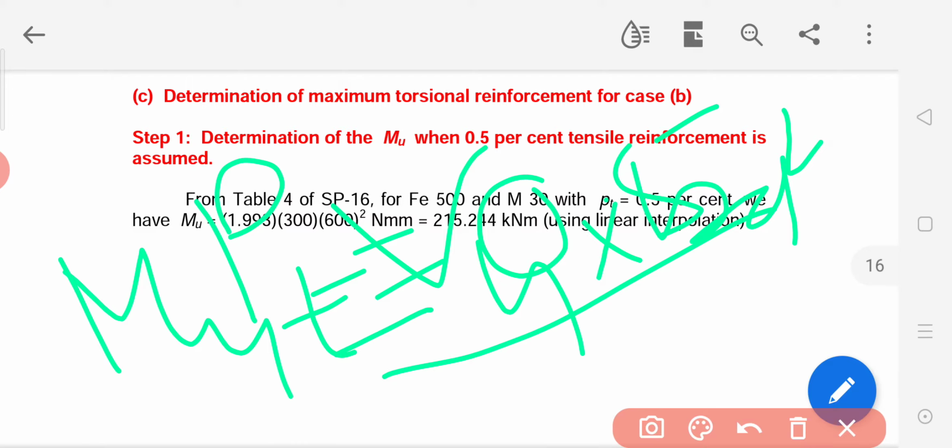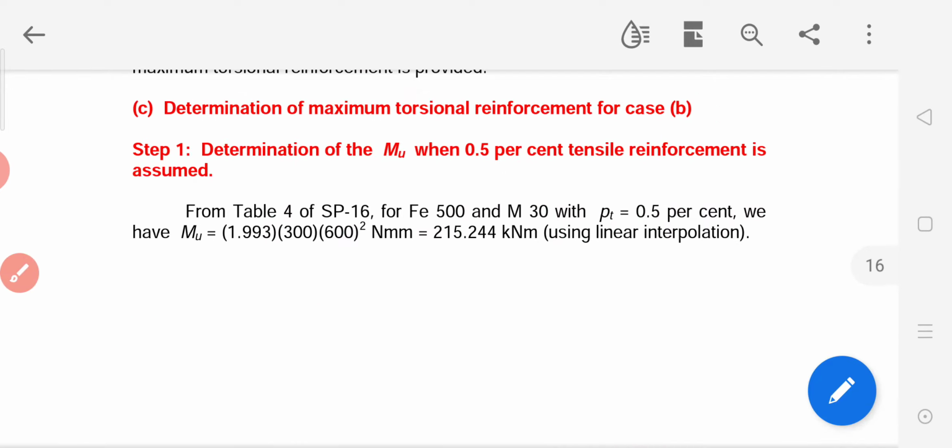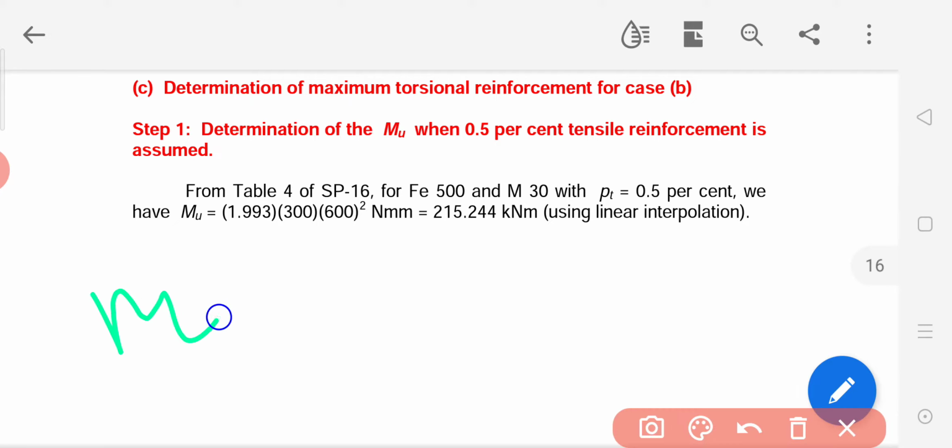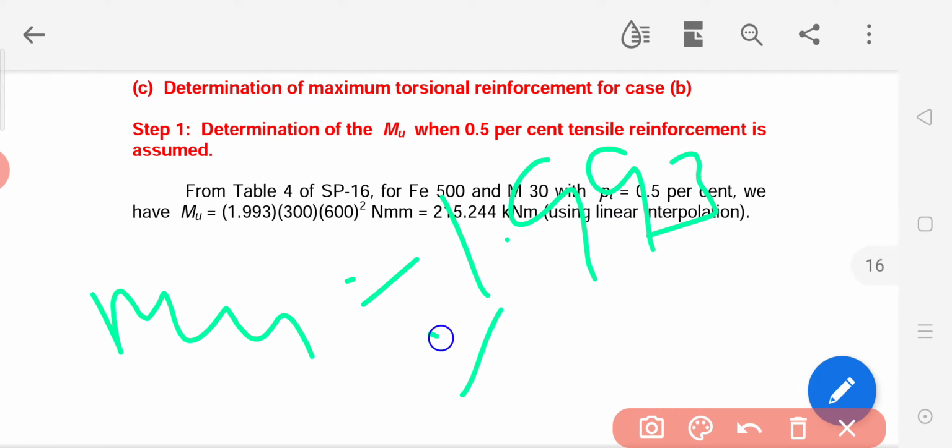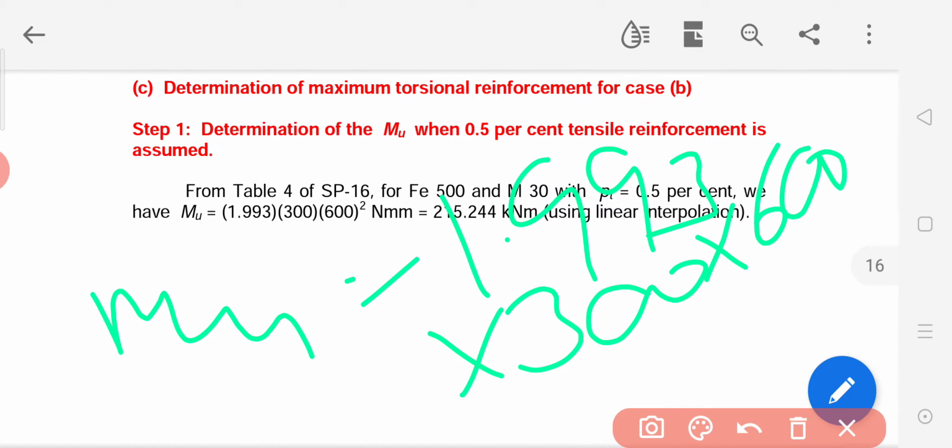So we provide Mu equal to 1.993 into B, which is 300, into D square, which is 600 square.